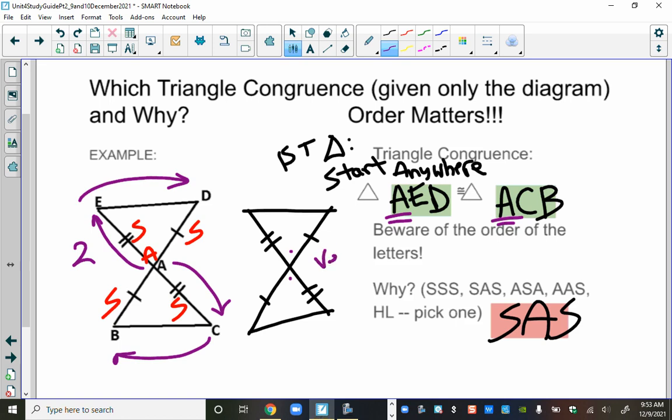Vertical angles. And then again, that's a side angle side deal. Remember, our sides were already deemed congruent.